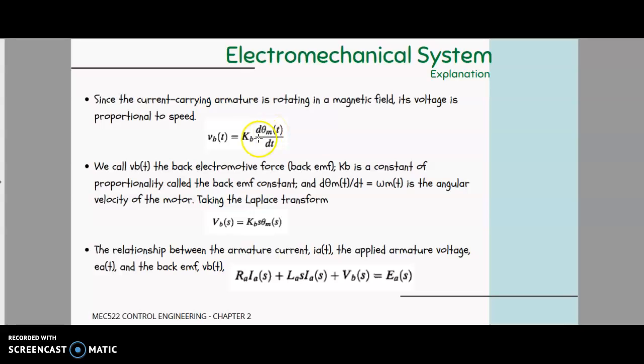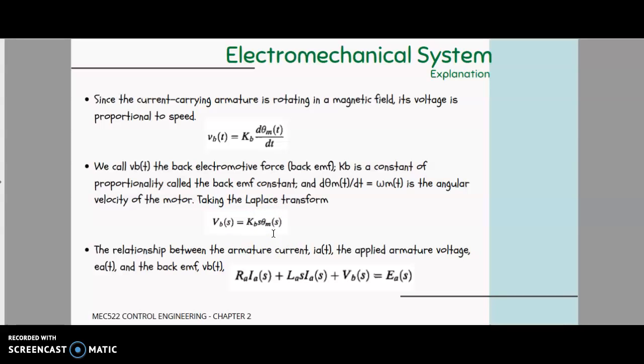So we can see this voltage is proportional to the speed. This one is a constant number, KB. Then taking the Laplace transform, you get VB(s) equals KB s theta M(s).